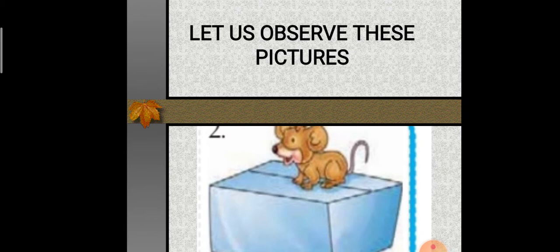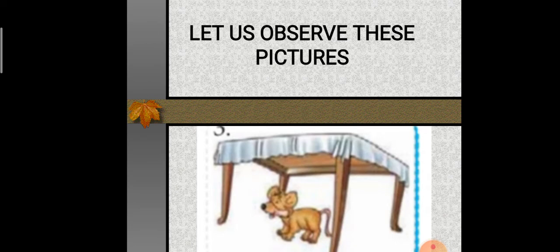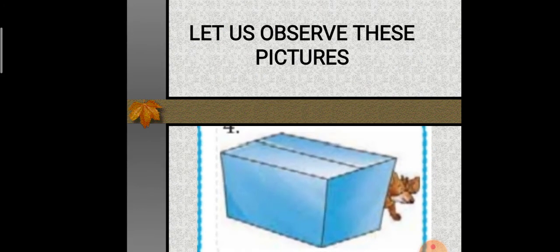In the second picture you'll see a rat is changing its place again and again, and now it is on the box. Now it has changed its place again. Now it is under the table. Now it is hiding behind the box.